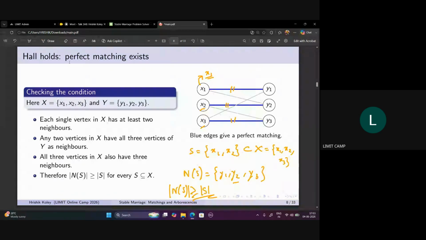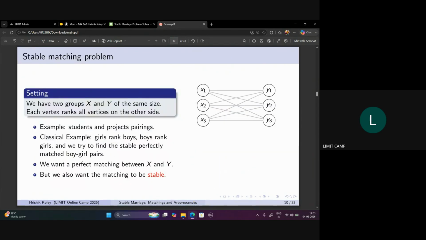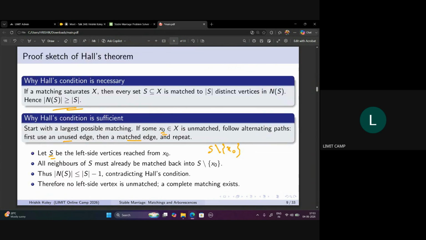And now you will see that each of the vertices in the neighborhood needs to be matched back to S minus x naught, because if not, then there must be one vertex remaining in Y that can be matched back to x naught.